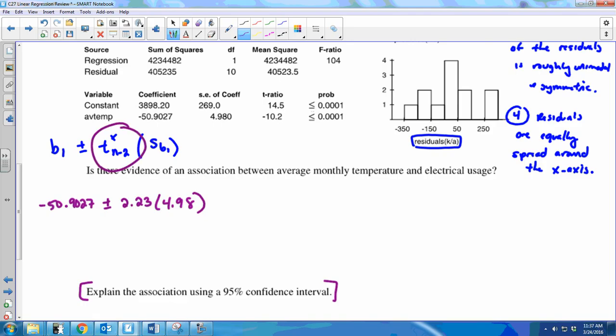It's inverse T. You have a 95% confidence, so your area is 0.025, and then there were 12 months, so 12 minus 2 is 10 degrees of freedom. Other questions about where the numbers came from? Again, we're just looking at slope, so you just need the coefficient and the standard error of the coefficient for the variable.